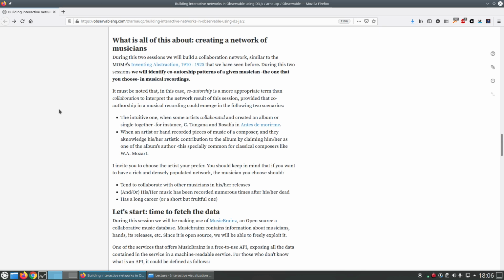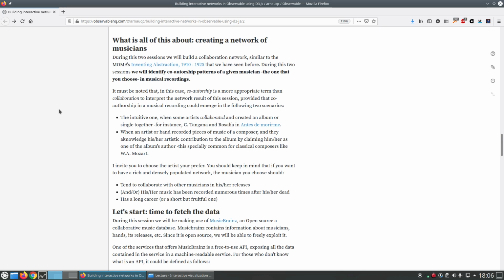Mozart has been recorded hundreds, thousands, probably tens of thousands of times. Mozart has not been recording his own music in all these recordings, but the musicians are acknowledging that this music was composed by Mozart by including him as one of the authors of the album.